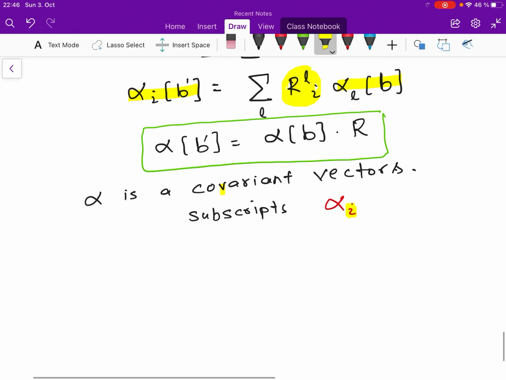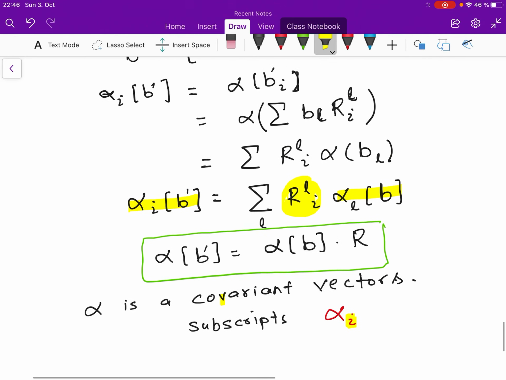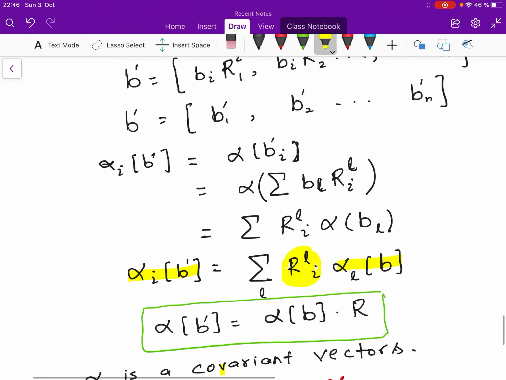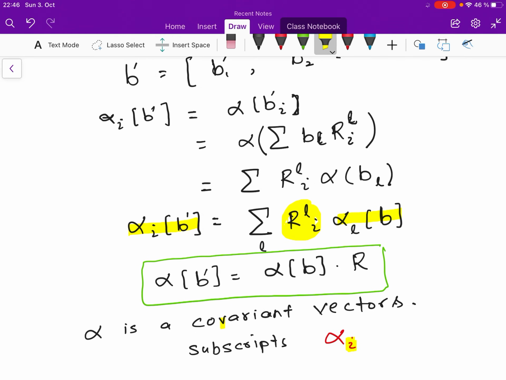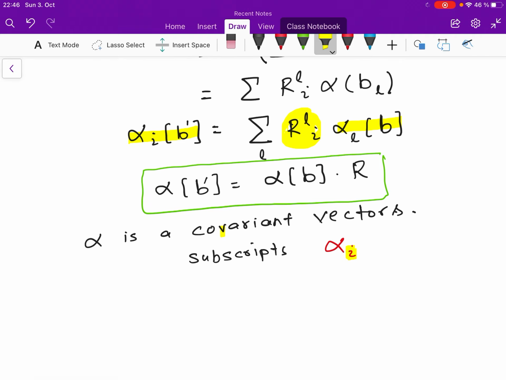Okay, so now we studied contravariant vectors and covariant vectors. Contravariant vectors transform inversely to the change of basis matrix, and covariant vectors transform according to the change of basis matrix. And you can see that they can be indexed by a single index.